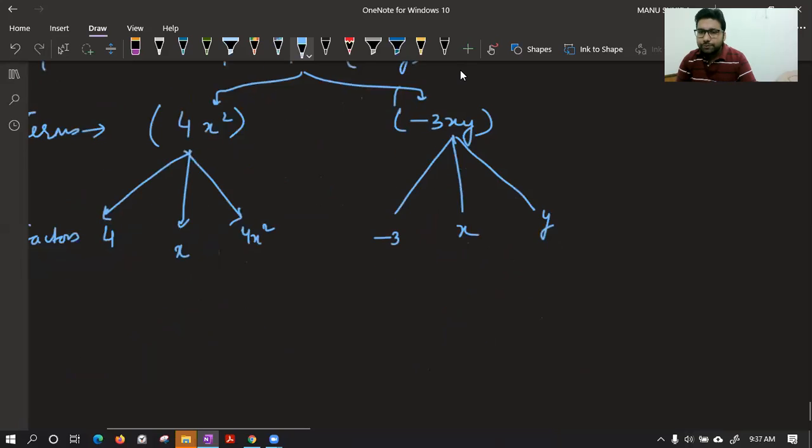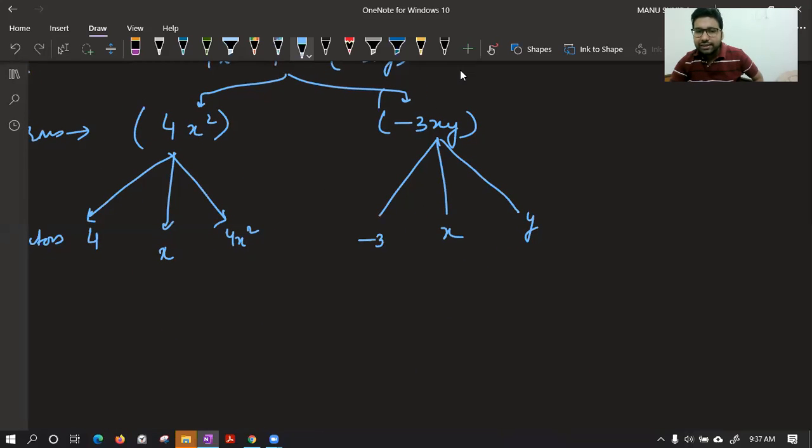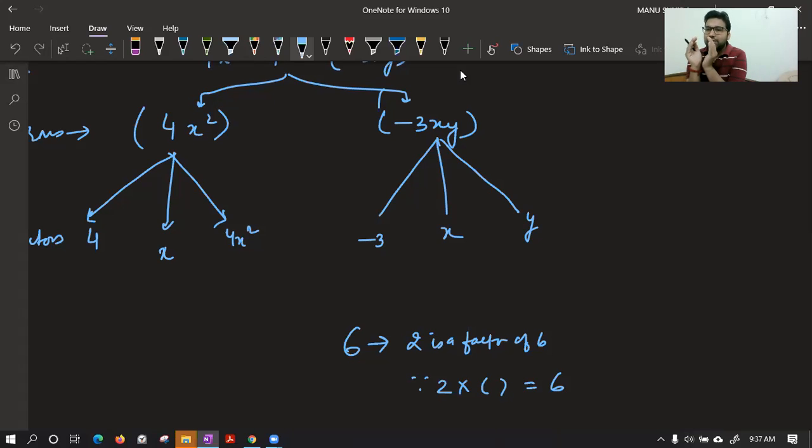Let me tell you why. We say 2 is a factor of 6. Why can we say that? Because 2 into something is equal to 6. Class, is this clear to everyone? We say 2 is a factor of 6 because 2 if multiplied with something gives us 6.